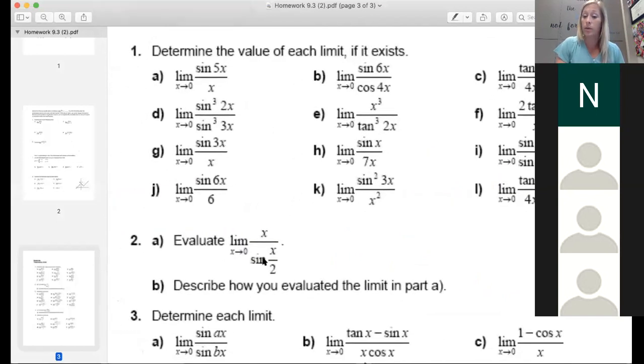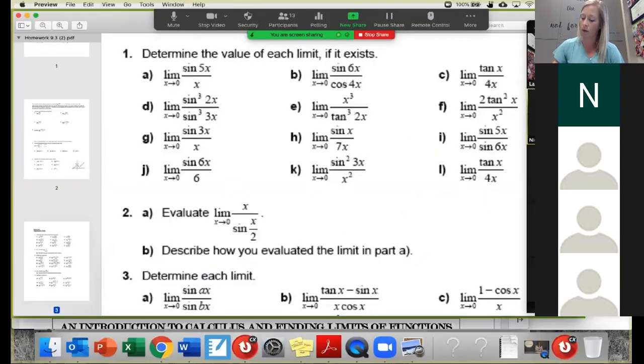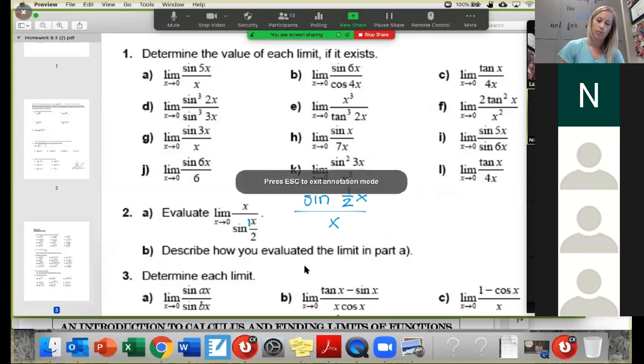2a kind of follows what we were talking about. The reciprocal of sine of x. We said sine x over x is 1. If we flip that, we can just use the reciprocal of it. Technically, that's a 1/2. But we want to do the limit of that. If it was, let's just flip it for a minute. Sine of 1/2 x over x, what would be that limit? Using our shortcuts. 1/2.